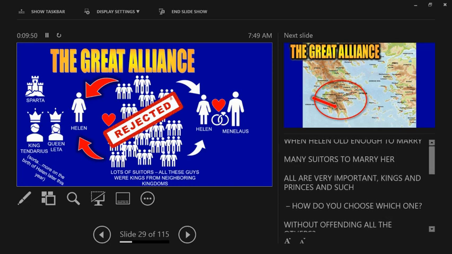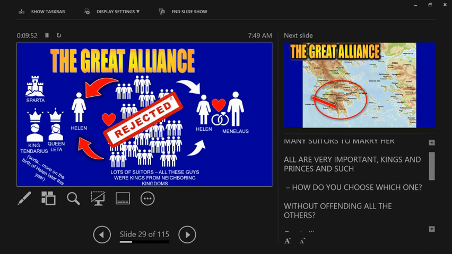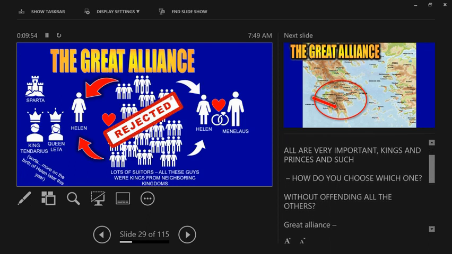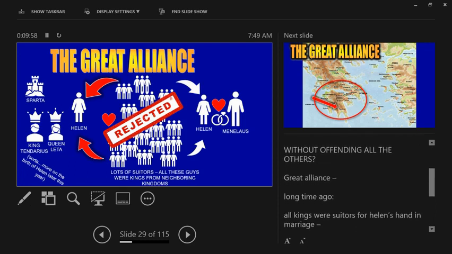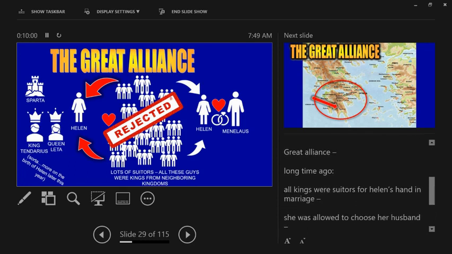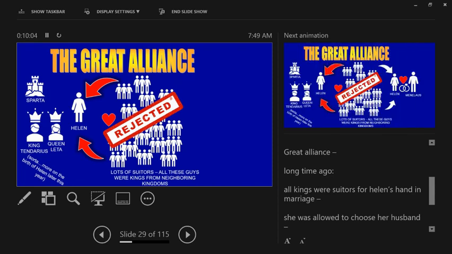So when she's old enough to marry, there are many suitors who want to marry her. All are very important kings and princes. So how do you choose which one without offending all the others? Because they're all being rejected, they agree that whoever she chooses, they will all respect that.